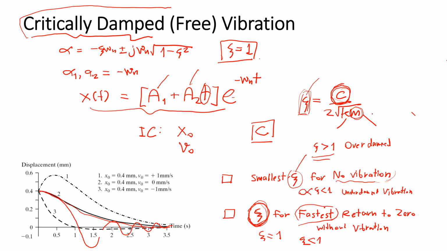If the mass increases and C and K stay the same, the damping ratio will be less than 1, and it will change to the case of underdamped free vibration and has vibration.